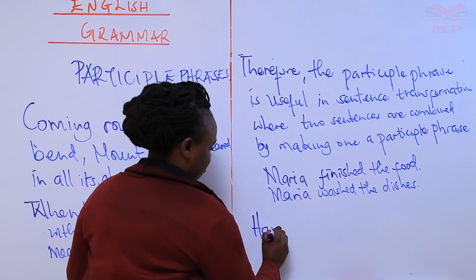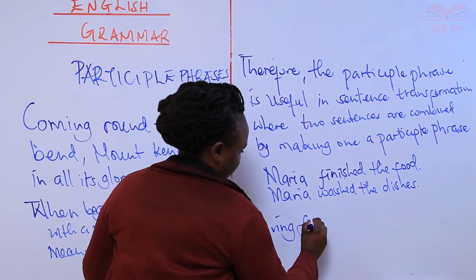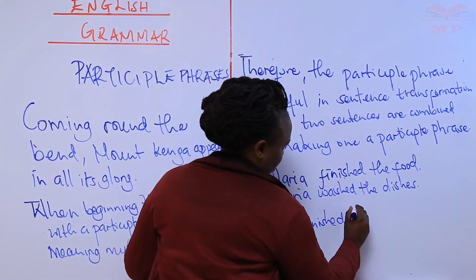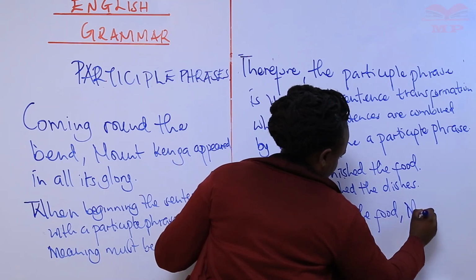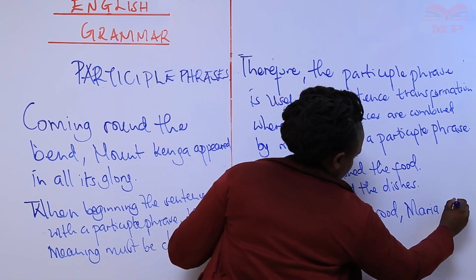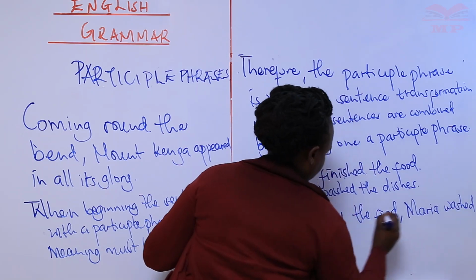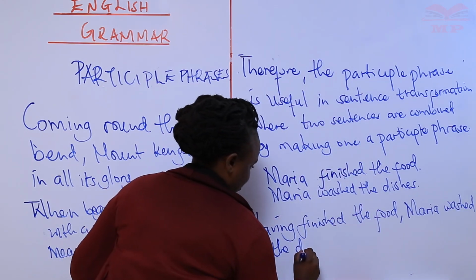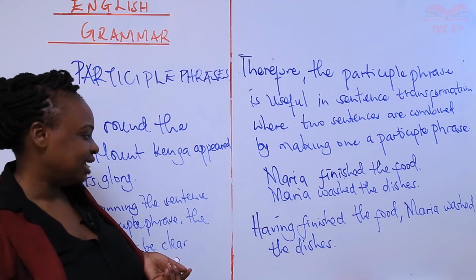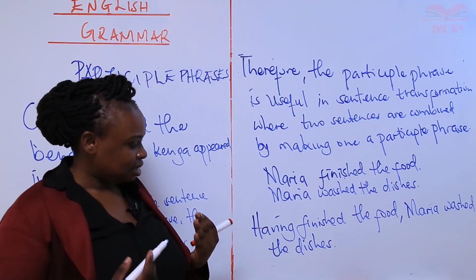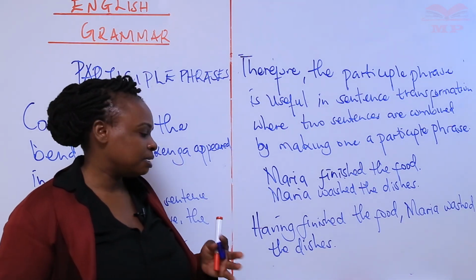So having finished the food, Maria washed the dishes. So that as you're writing, as you're speaking, you can always create variety in the way you're speaking by using the what?